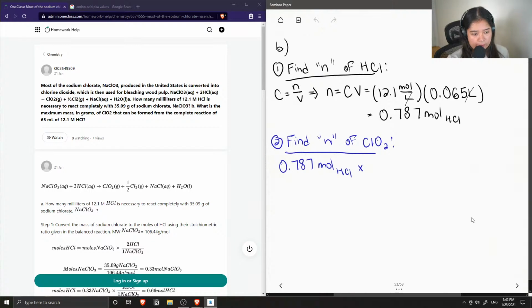So then we can write out our molar ratio: 1 mole of chlorine dioxide is formed with every 2 moles of HCl. So then we just divide this value by 2, and you end up with 0.393 moles of ClO2.